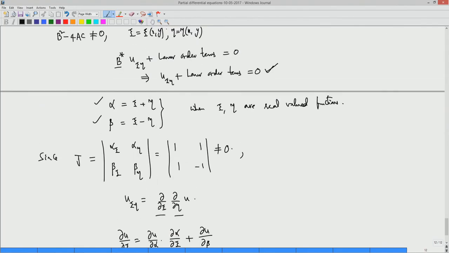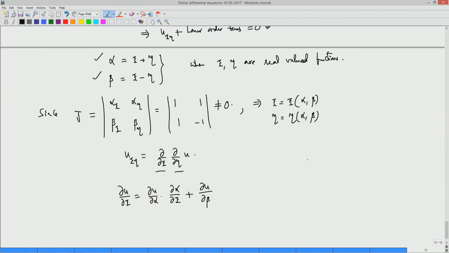Because the Jacobian is non-zero, you can actually get xi and eta in terms of alpha and beta. You can go from the variables xi eta to alpha beta, and then you can come back from alpha beta to xi eta. That is why the transformation is invertible.